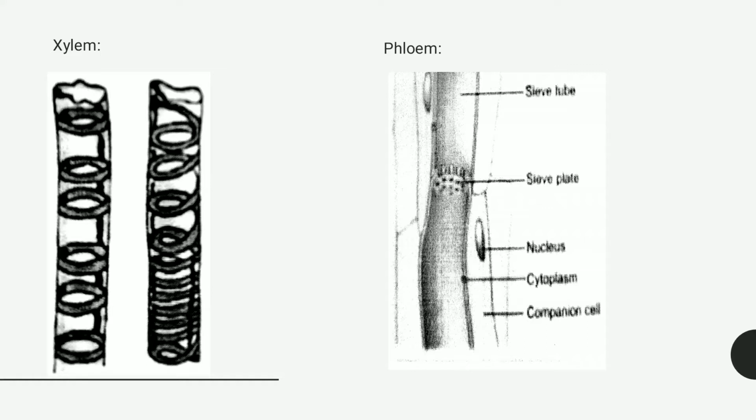First, the phloem sieve tube elements. As the name indicates, it includes a tube, which means the cells are elongated cells which form a tube-like structure. As you can see in the diagram, the sieve tubes have pores, due to which there is a longitudinal flow of material in the form of sucrose, or we can say polysaccharide.